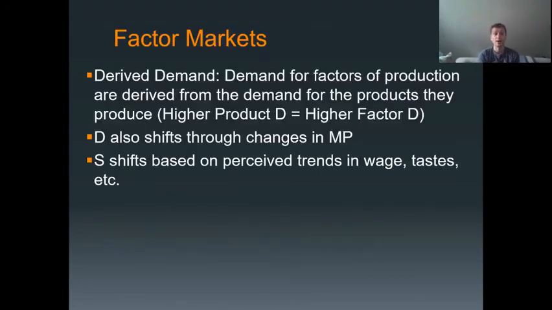So when we talk about factor markets and what makes up supply and demand, demand itself is derived from the products it produces. So the factors of production, when the demand for the product has increased, that increases the price of the product, which increases the demand for the factor that produces that product.